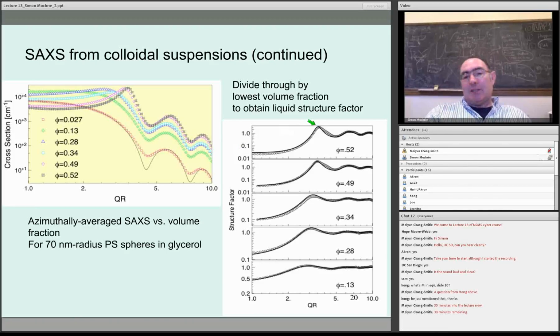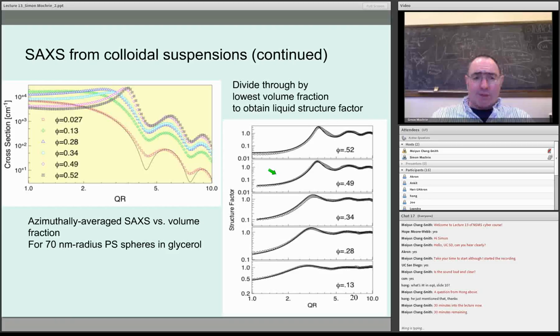But this feature is relatively sharp at high volume fractions, and it's relatively broad at lower volume fractions. This is 13%. This is 52% volume fraction. So this is what we're scattering from, a suspension of fairly densely packed spheres whose volume fraction we can actually change and make measurements at different volume fractions.